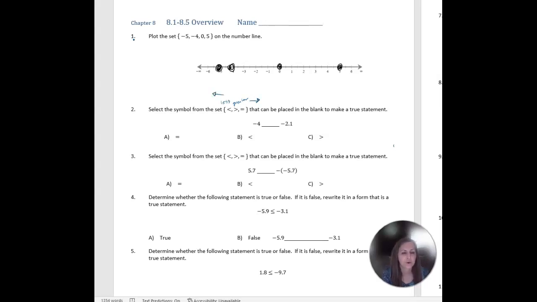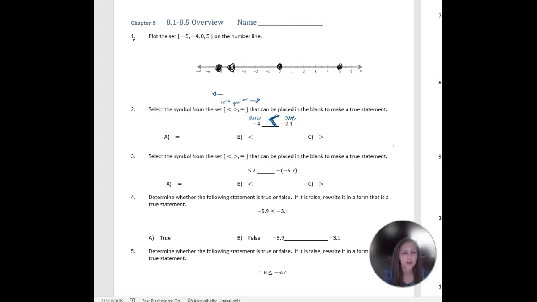So -4 and -2.1. Okay, negative means that you owe. Negative means that you owe $4 in that situation, and over here you would owe $2.10. Well, $2.10 is actually greater than 4. The bigger mouth of the inequality opens up towards the bigger number.